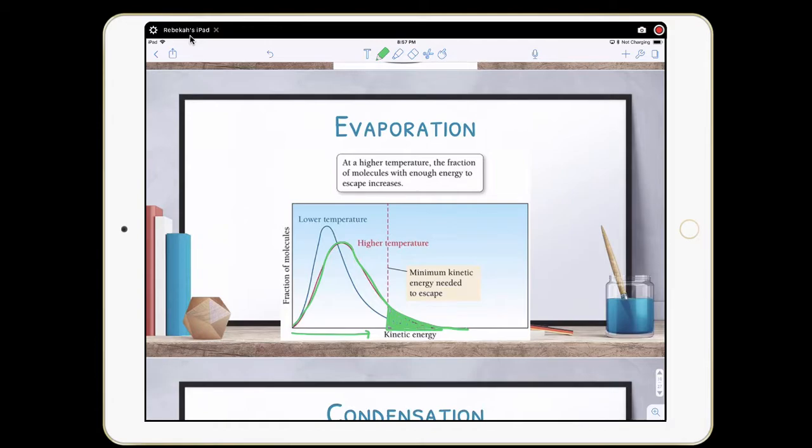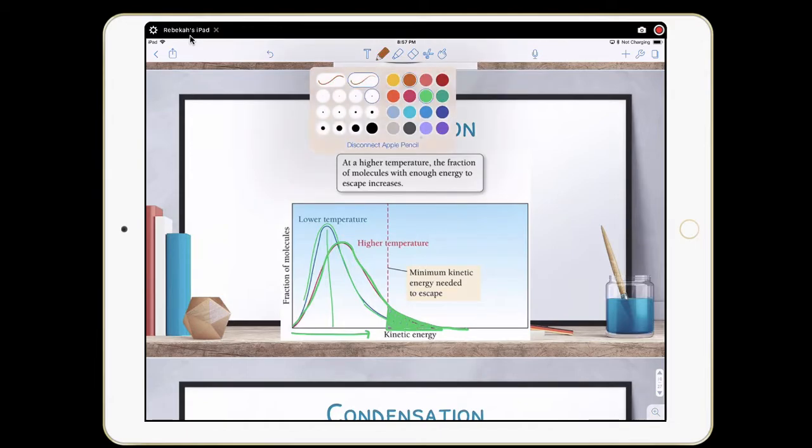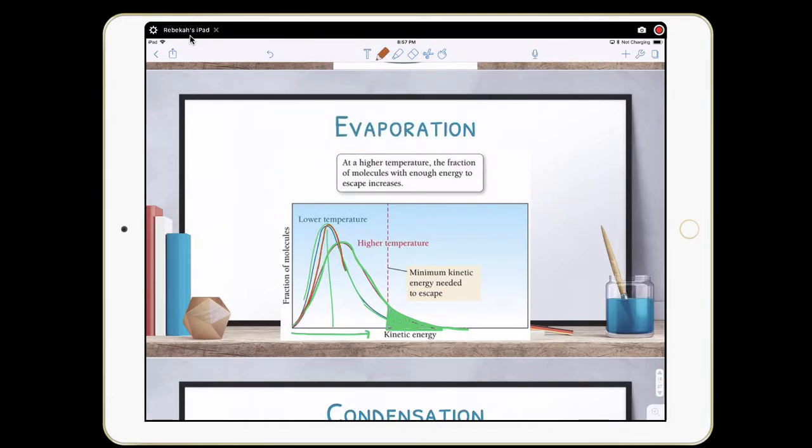If you're at a lower temperature, you have more molecules with lower kinetic energy, but I have fewer particles that are going to be jumping out of the liquid water, because they don't have as much kinetic energy. Think about dolphins jumping out of the ocean. You've got to have kinetic energy if you want to jump out and become a gas.